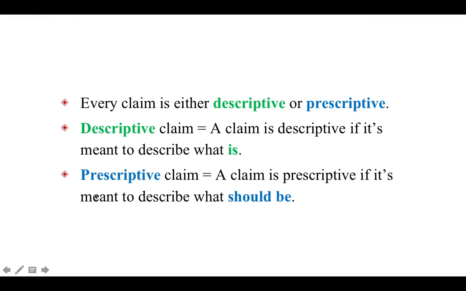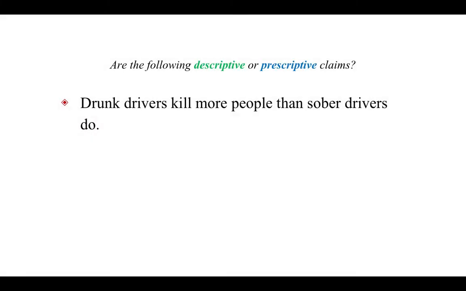Prescriptive is when you want to describe what it should be. Okay, got it? Now, this is the aforementioned example that I gave you. Let's take a look. Drunk drivers kill more people than sober drivers do. Does this describe or does this prescribe to you?